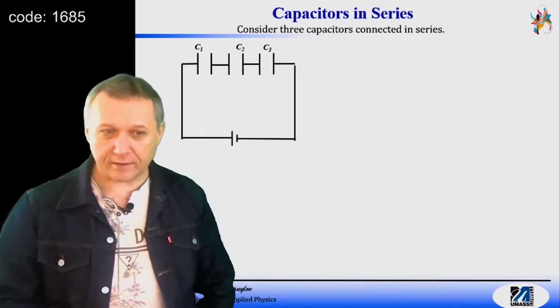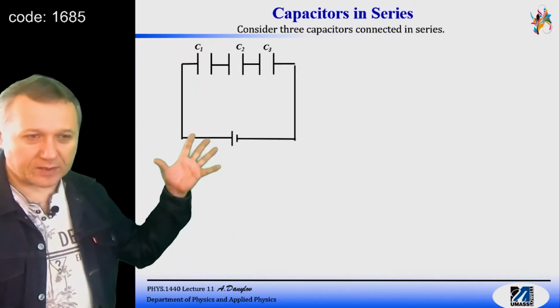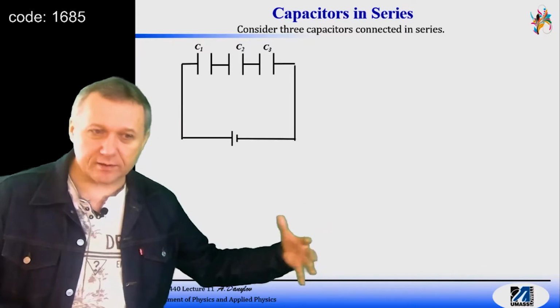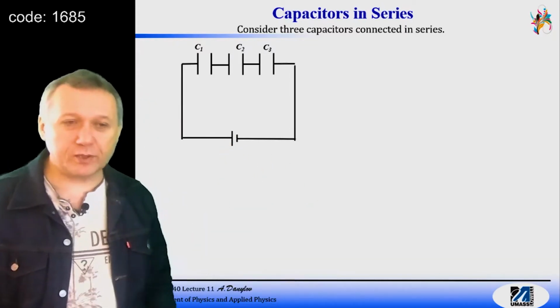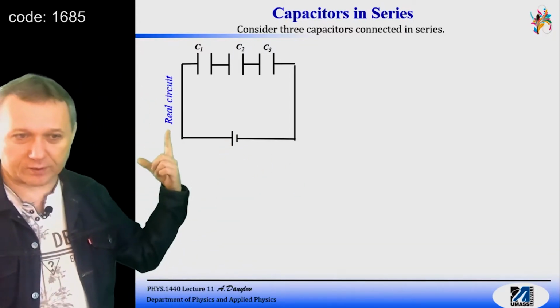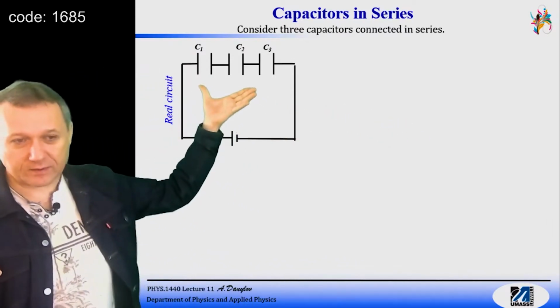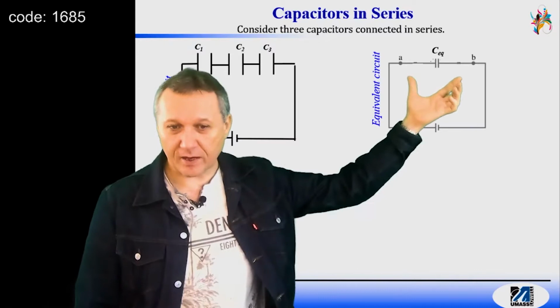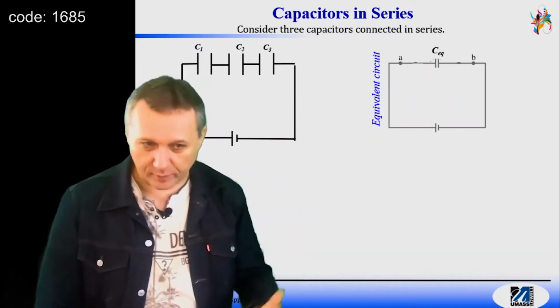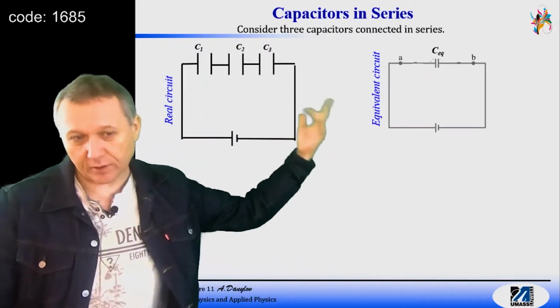Again, the whole idea of this method is if capacitors are connected in series or in parallel, instead of a real circuit, we can introduce an equivalent circuit where these capacitors are replaced with a single capacitor, which we call an equivalent capacitor, right? Circuit and equivalent circuit.